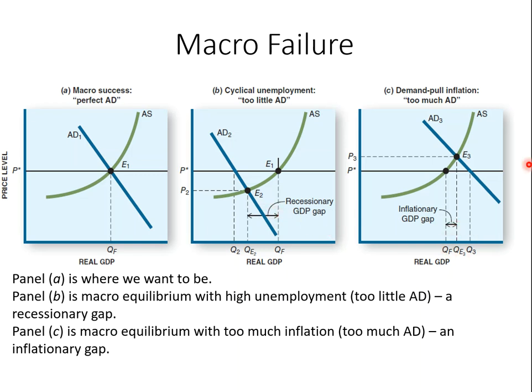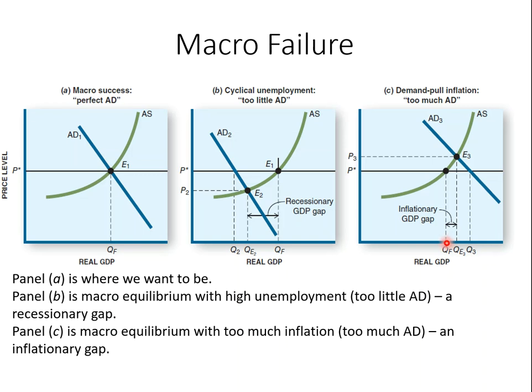Picture C is an example of an inflationary gap. Again, starting from the intersection between AS and AD, we find E3. The horizontal value for E3 is QE3 here. And where's our goal? Our goal is QF here.